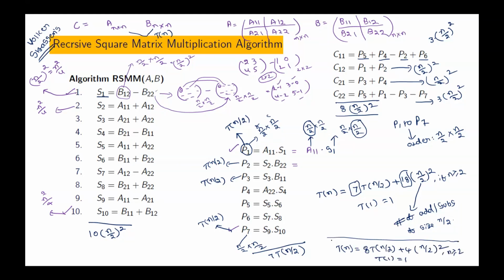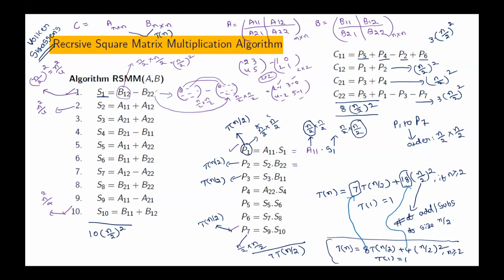Now, what is the difference between Strassen's method and our general method? What Strassen has done is he reduced the number of multiplications from 8 to 7, but increased the number of additions from 4 to 18.